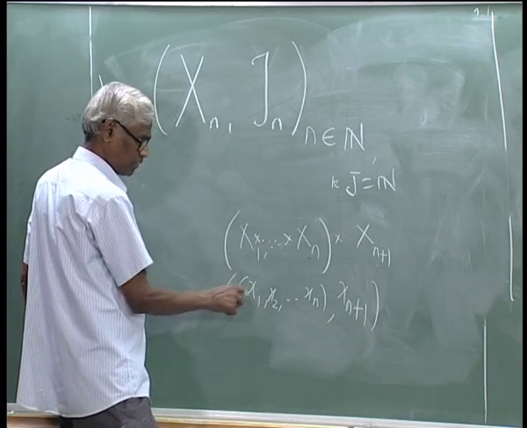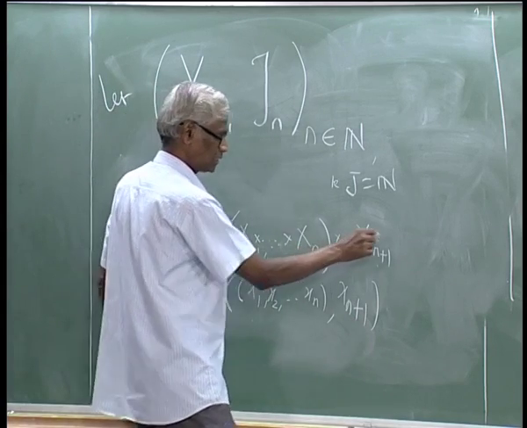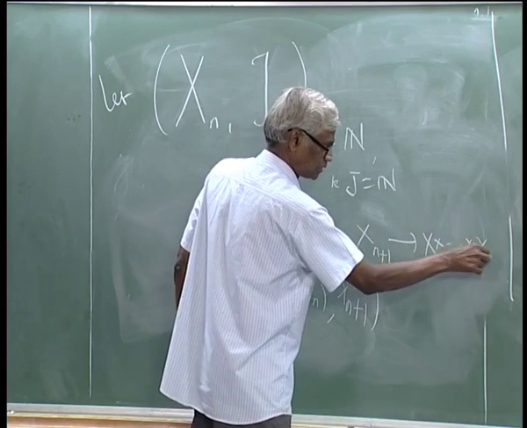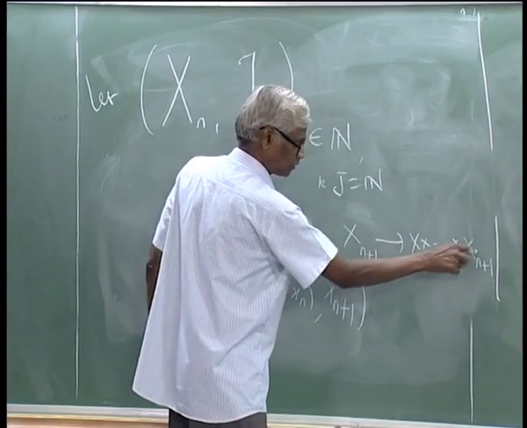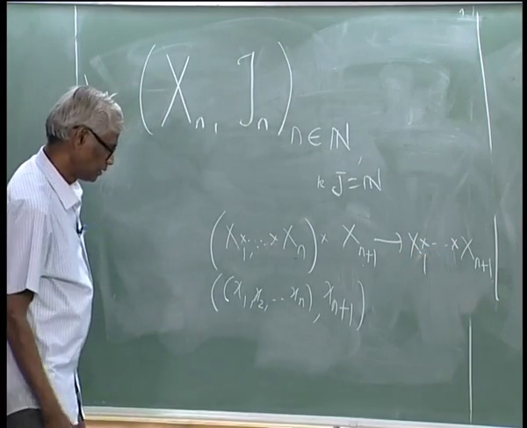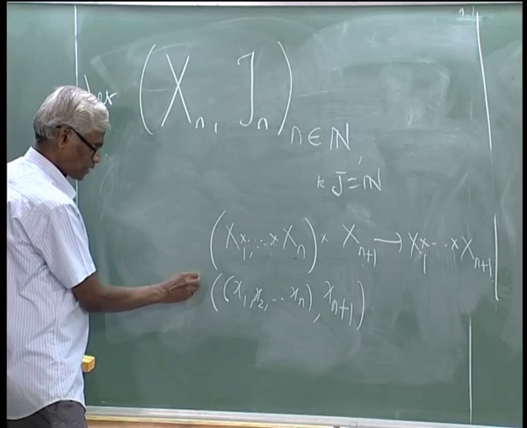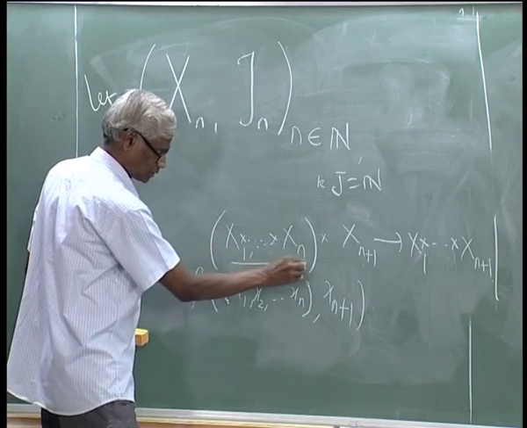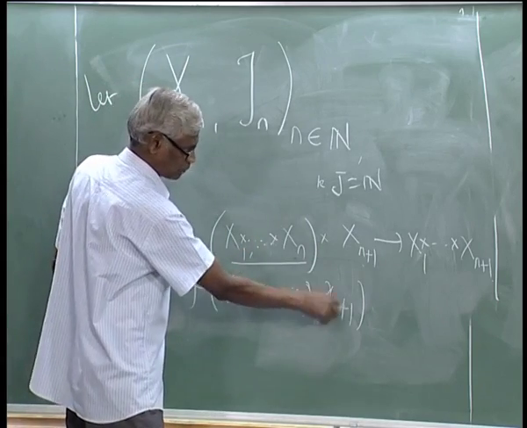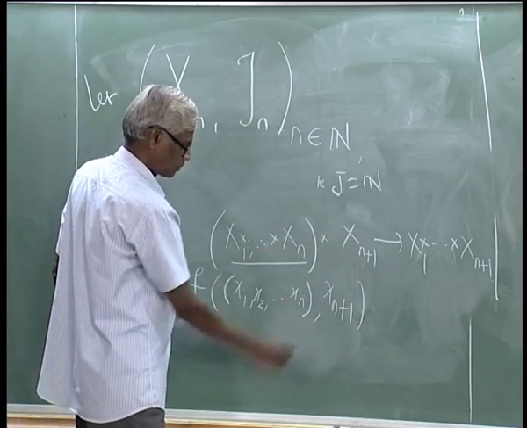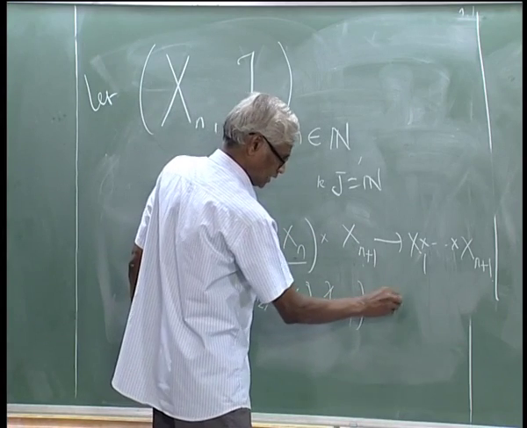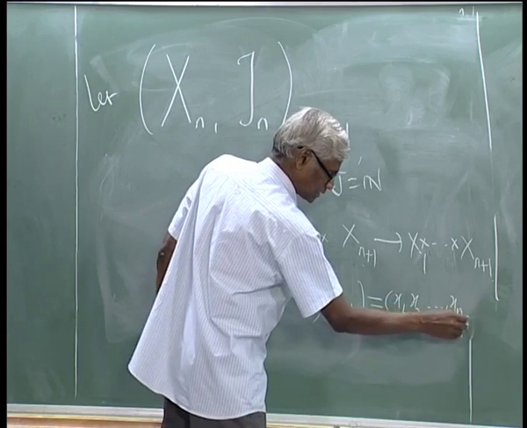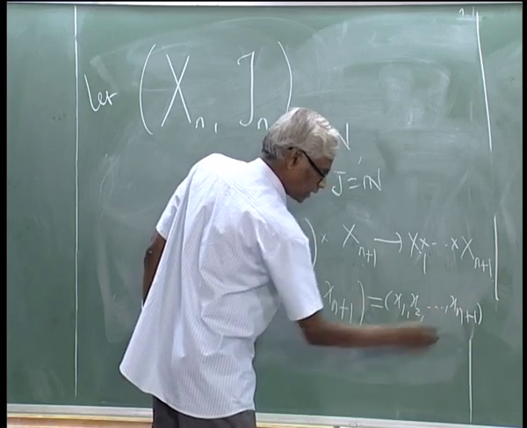Then we define a map f from this space to X1 cross X2 up to X_{n+1}. The first element is in X1 cross X2 cross up to Xn, and x_{n+1} is in X_{n+1}; the image is (x1, x2, ..., x_{n+1}).